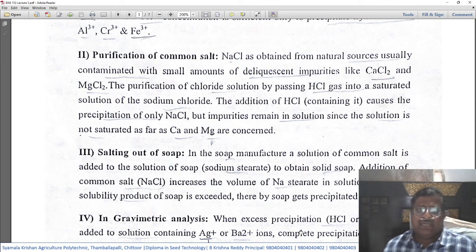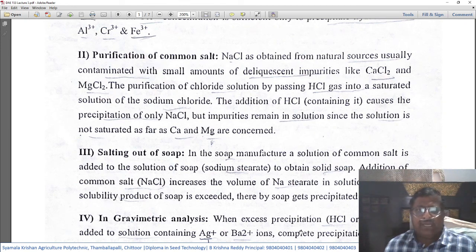The common salt, table salt as we call it, is obtained from natural sources like salt water, and it contains some impurities like calcium chloride and magnesium chloride in very small quantities.